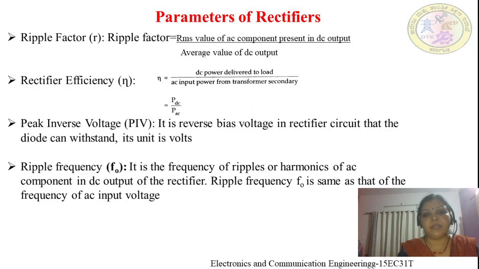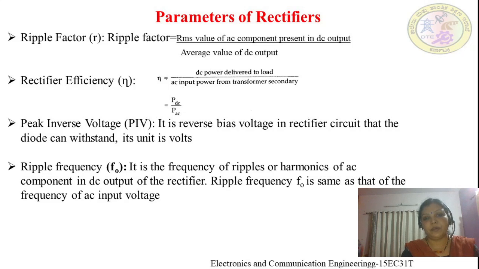Then coming to the rectifier efficiency, I repeated it many times. It is the ratio of DC power delivered to the load to the AC input power from the secondary of the transformer. You should keep this in mind so that when you go to the questionnaire, you are able to answer. So efficiency is a measure of better performance of a rectifier.